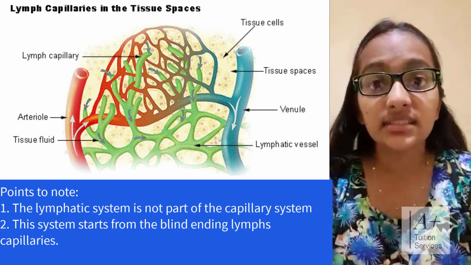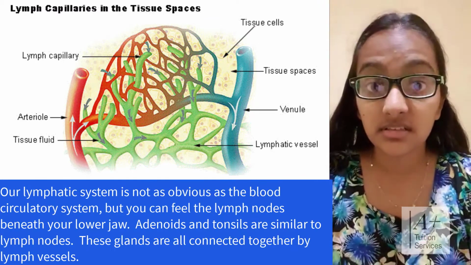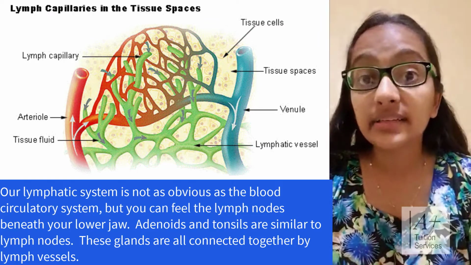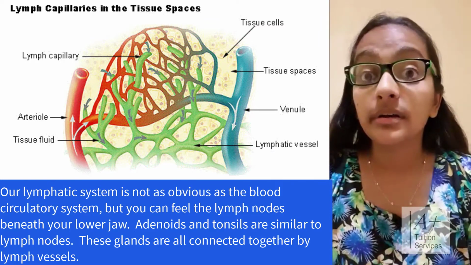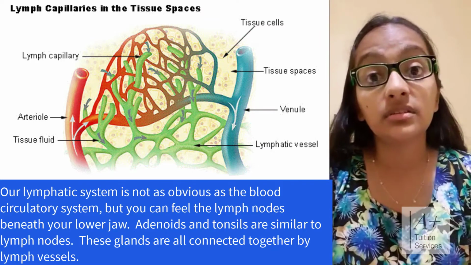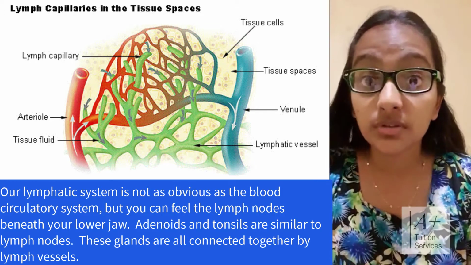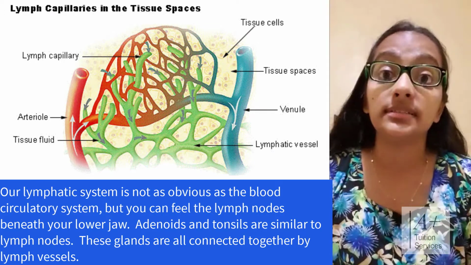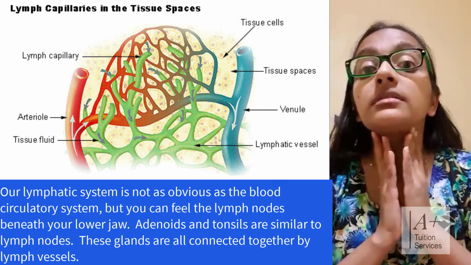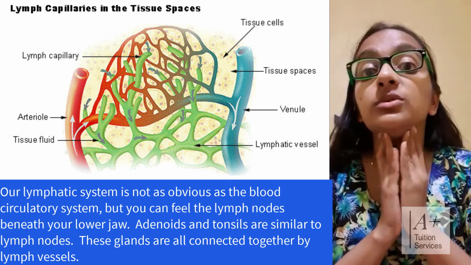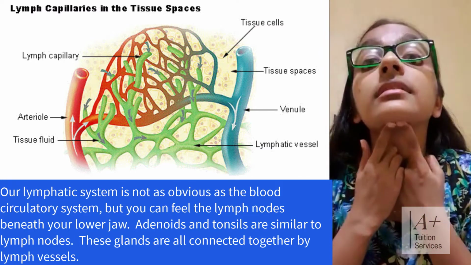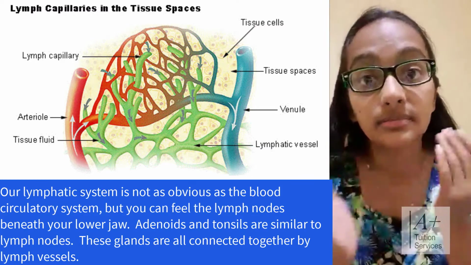The lymphatic system is not as obvious as your blood circulatory system, but you can feel lymph nodes in common areas. In a case where you have an infection or swollen tonsils, known as tonsillitis, you could have swollen lymph nodes. These can be felt right underneath the jawline. These are known as your submental and submandibular lymph nodes.